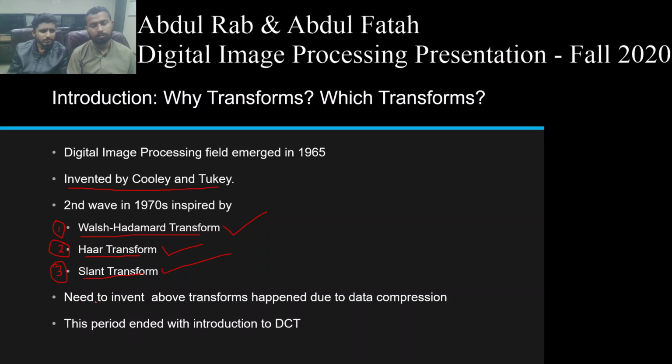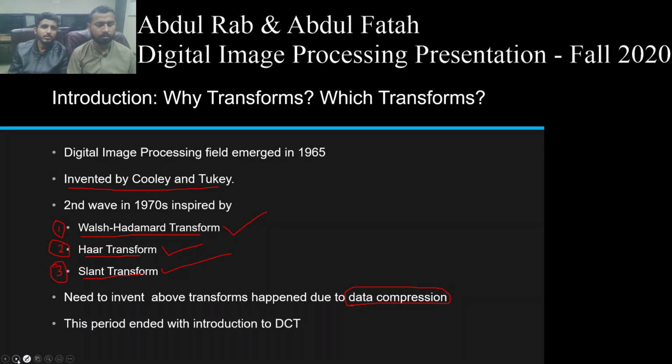And the main reason for the invention of these transformations was data compression. Due to data compression these transforms were created, and this period actually ended with the introduction of DCT.